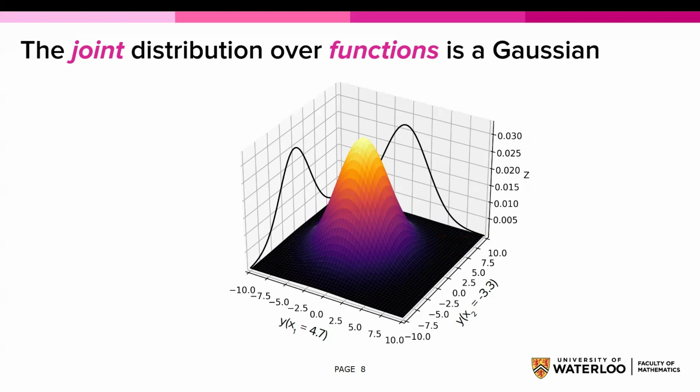We're dealing with a probability distribution over functions such that the set of function values y evaluated at any set of arbitrary points, so x1, x2, up to xn, jointly have a Gaussian distribution. In other words, if we were to choose any collection of points and look at the function values at those points, those values will follow a multivariate Gaussian distribution. So that's what we mean by a Gaussian process.